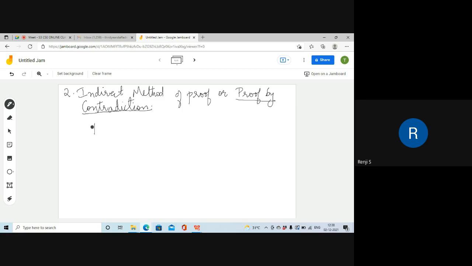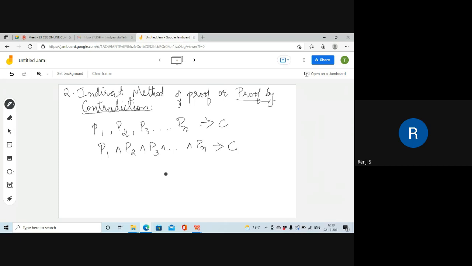So again here also we have a given set of arguments P1, P2, P3, etc., Pn, and you will be given a conclusion C. Always in proving the validity of arguments, you will be given a set of premises and a conclusion C. We have to show that if the arguments are valid, then P1 and P2 and P3 and so on up to Pn implies C is true.